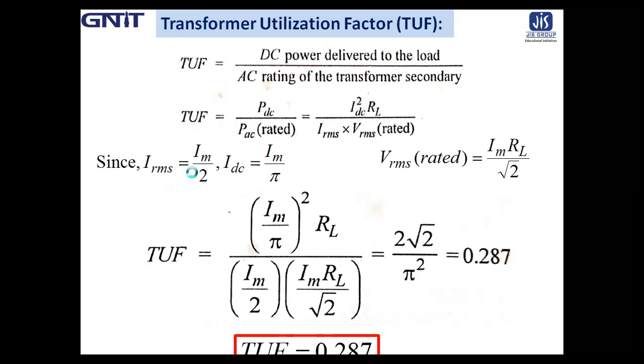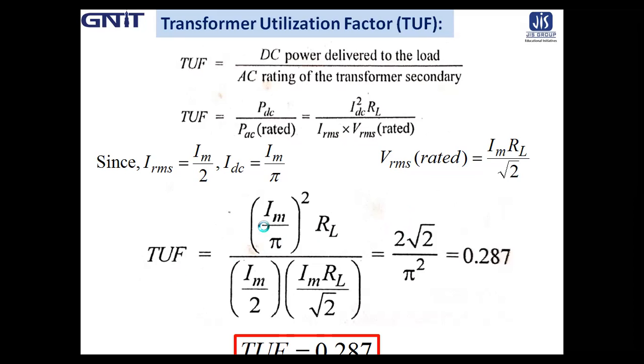Now, since we know that IRMS is equal to Im by 2 and IDC is equal to Im by pi, and the transformer rated RMS value VRMS rated is equal to Im into RL by root 2, after putting this, we can determine the TUF value.